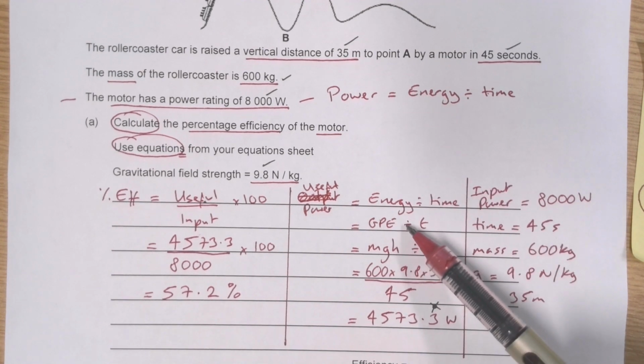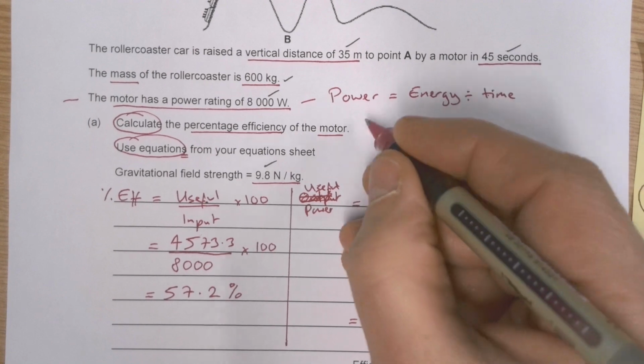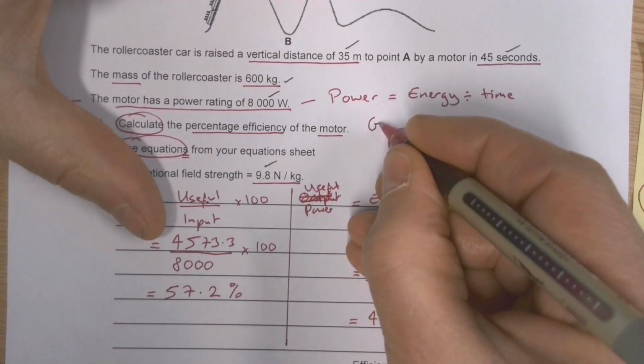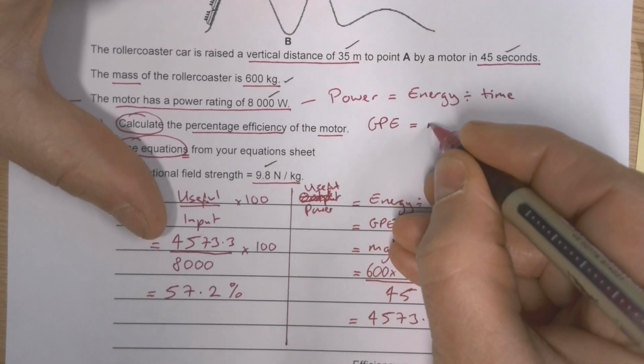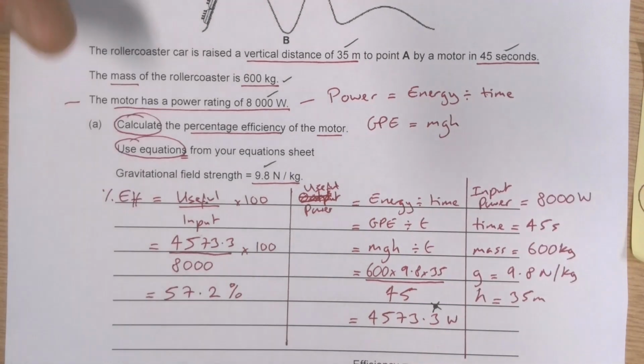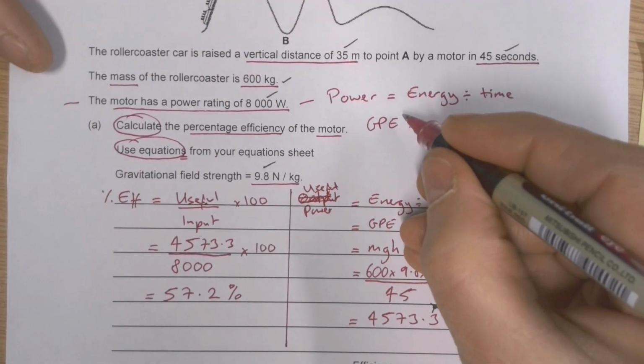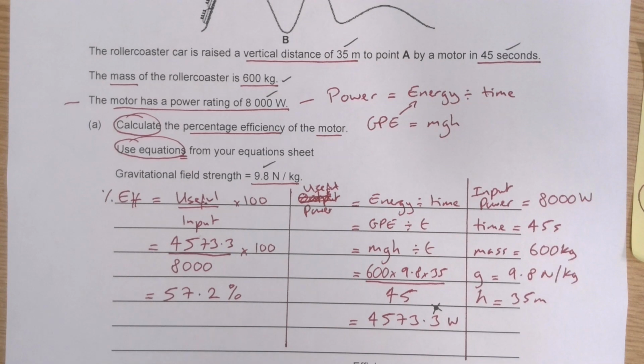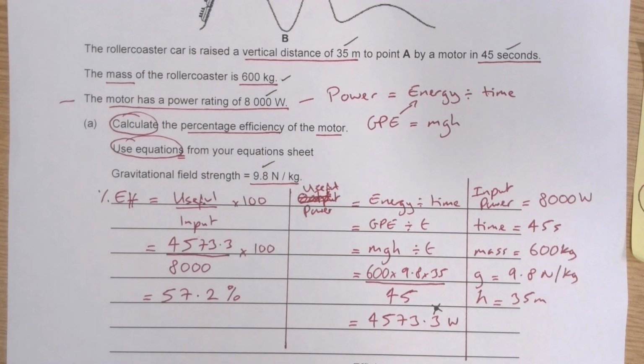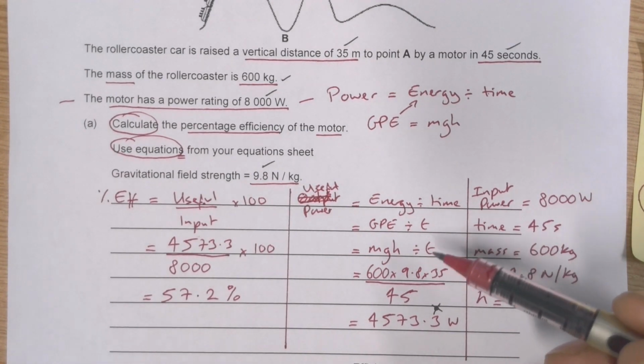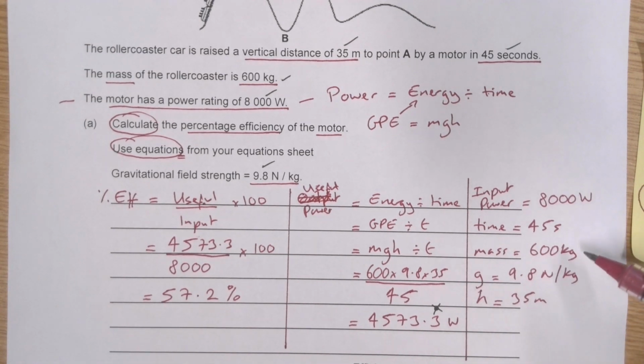That was in my equation sheet. They also had in my equation sheet GPE equals mgh. As soon as I recognise that goes in there, that is that energy, I substituted it in. I didn't try and work anything out too early. I just wrote down the values I had and then put the values into the equation.